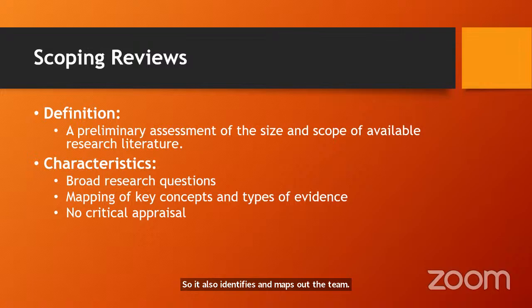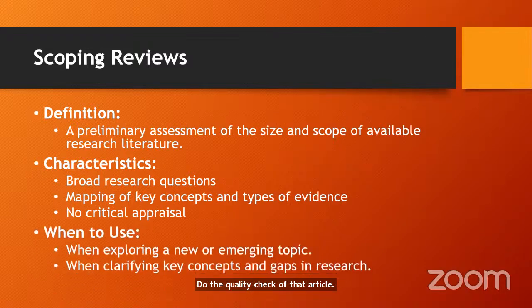In the scoping review, you don't have to do the quality check of that article. So when to use it? If you want to explore a new topic or an emerging topic, then you can use a scoping review. Otherwise, when you have to clarify the key concepts and the gaps in the research, then you can use a scoping review.